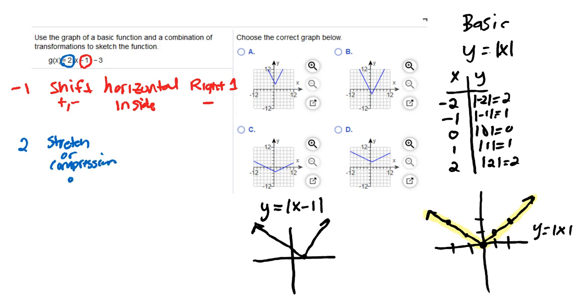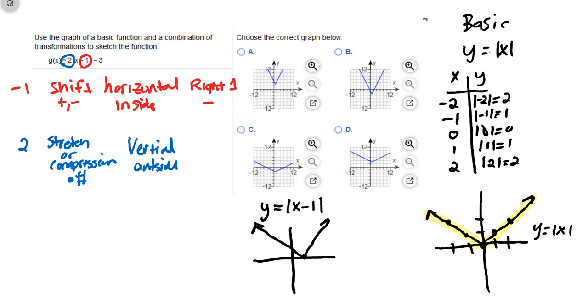Because it was multiplying by a number, that's why I knew it's a stretch or compression. That 2 is on the outside of the absolute value, so it's going to be a vertical stretch or compression.